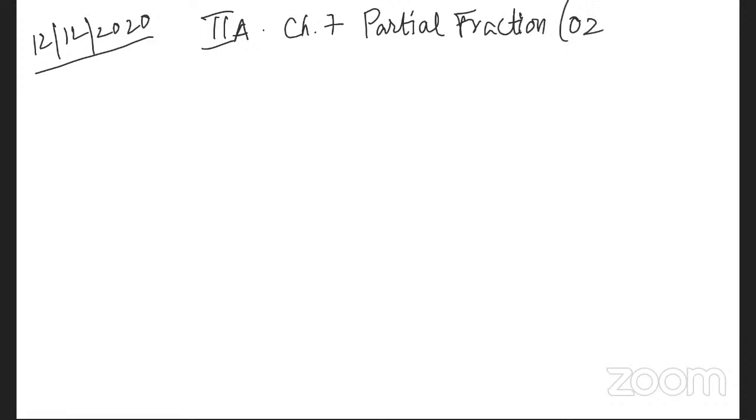In today's class, I'm going to detail it. This is chapter 7, partial fractions, class 2.